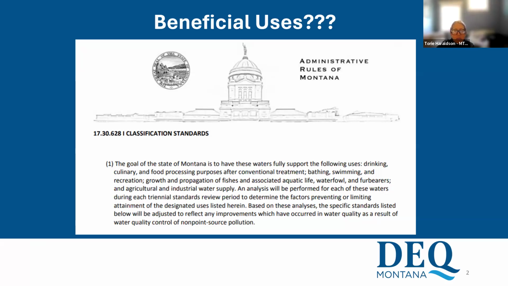And the use class informs what water quality standards apply. So I won't go too far down that rabbit hole, but in general, a stream with a beneficial use for cold water fisheries will have more stringent water quality standards than a stream with a beneficial use for like industrial water supply. So more common impaired uses are the ones with more sensitive water quality needs.